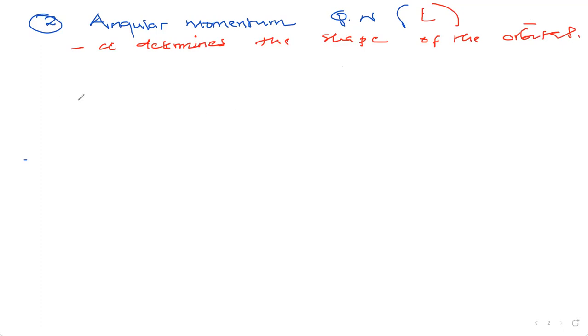Now, for the values: for the principal quantum number, we said values start from 1 going up, 1, 2, 3, and so on.